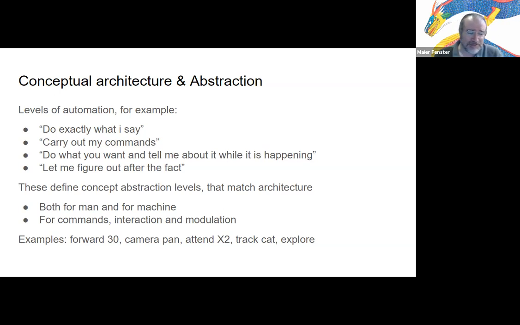They do something, and maybe you'll find out about it, and maybe you'll be able to figure out what they did. So these really define the abstraction levels that we're thinking about, and they should match the architecture. The architecture of the robot matches these levels.